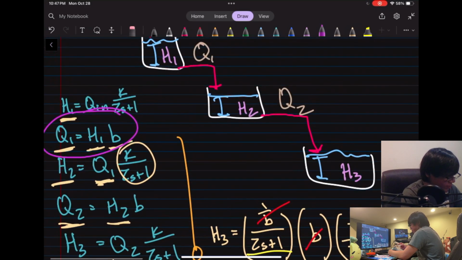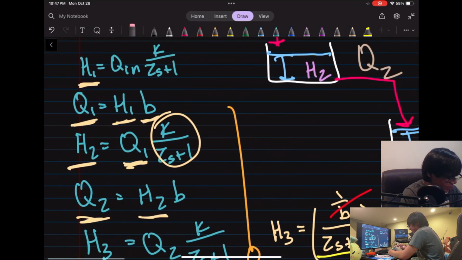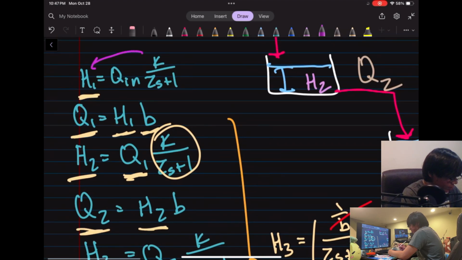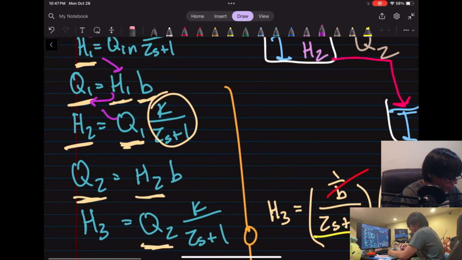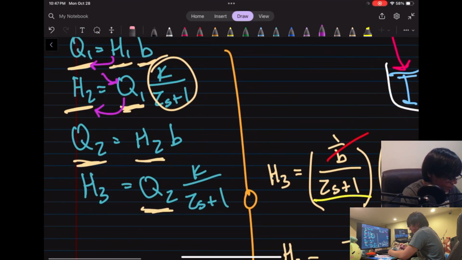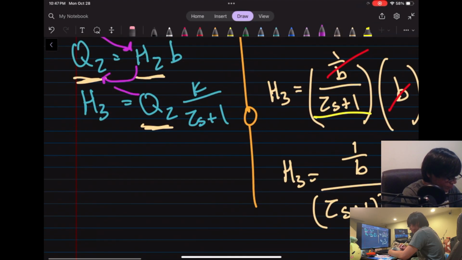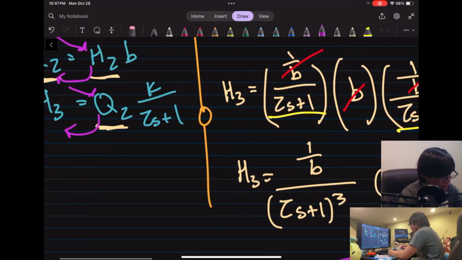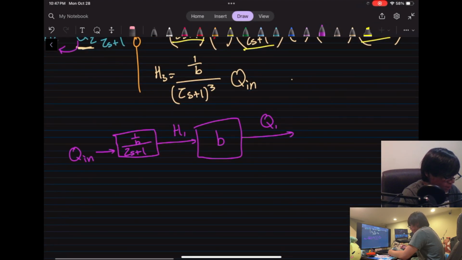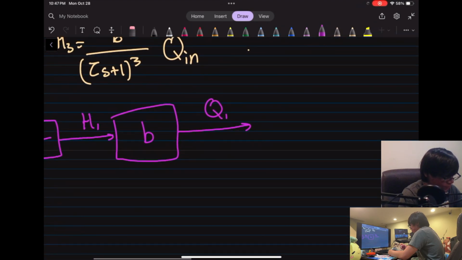So essentially I'm going something like, hopefully these arrows make sense. Q in to H1, H1 to Q1, Q1 to H2, H2 to Q2, and so forth. Again, relating flow rates to heights. So we just multiply by B to get our outlet flow. And then this is another tau s plus 1 transfer function.